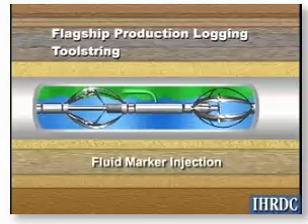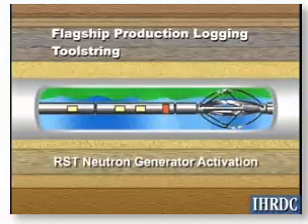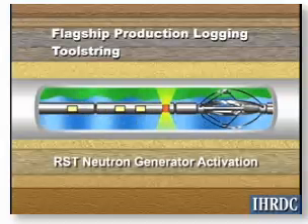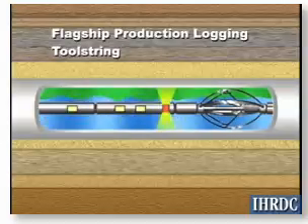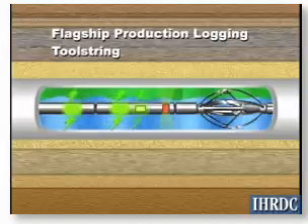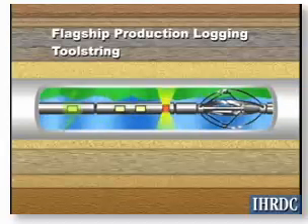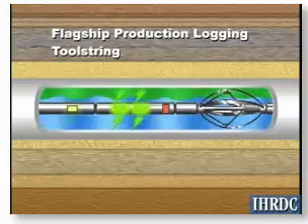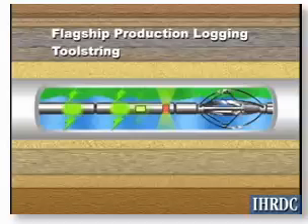The water and oil phases are periodically irradiated as they flow past the RST's neutron generator. As a result of the irradiation, gamma rays are given off by the tracers in each phase and are measured as the tracers flow past the RST gamma ray detectors. Phase velocity is determined by measuring the time required for each tracer to flow the known distance from the ejector to the detector.